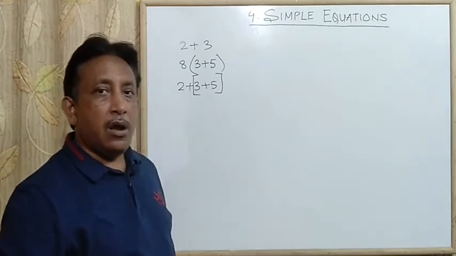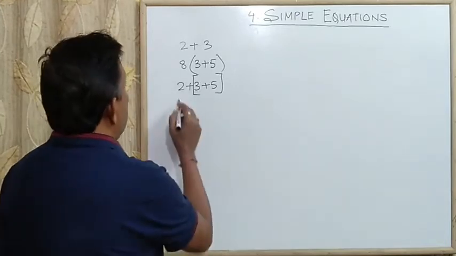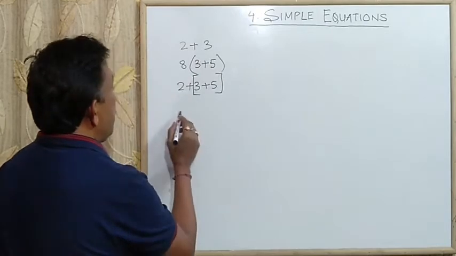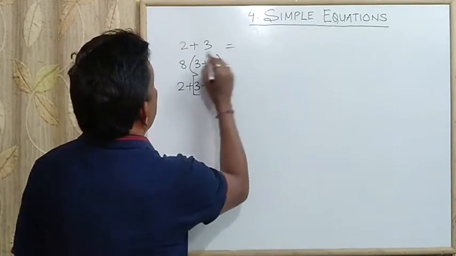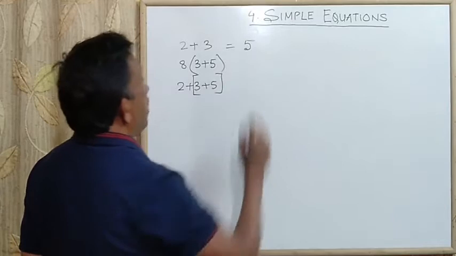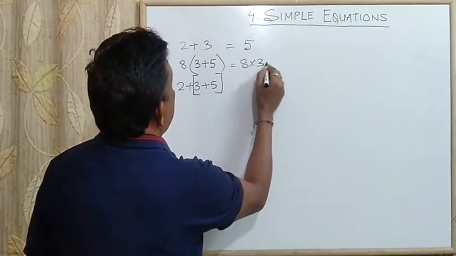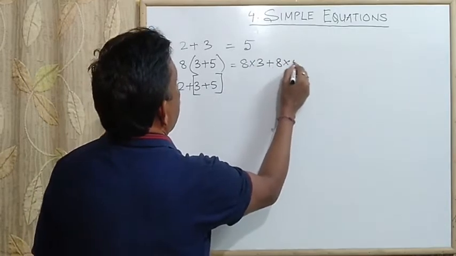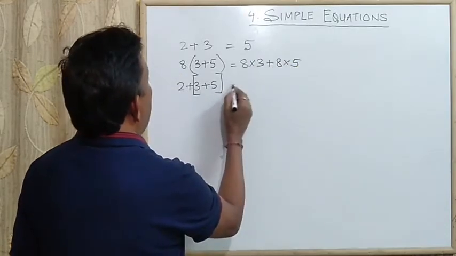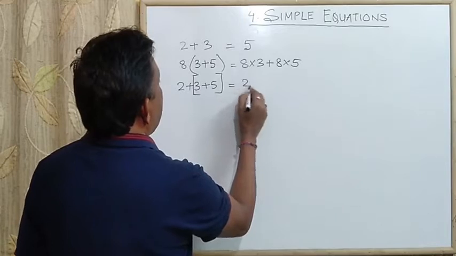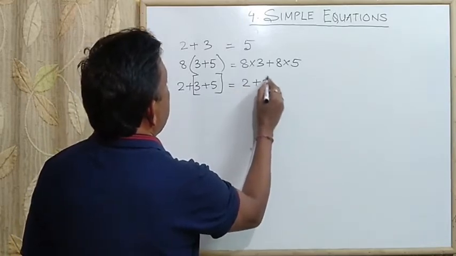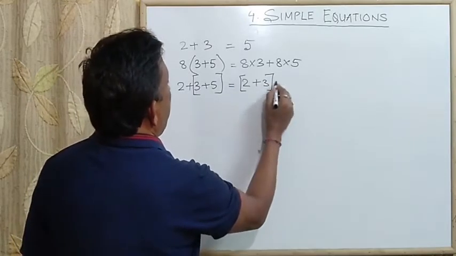Now you must have seen it is like this, 2 plus 3 is equal to 5, and here we are writing 8 into 3 plus 8 into 5, and this statement becomes, I can write it as 2 plus 3 plus 5 also.